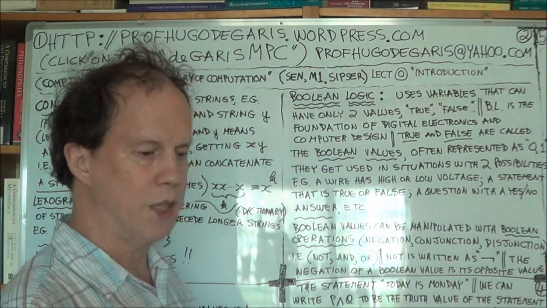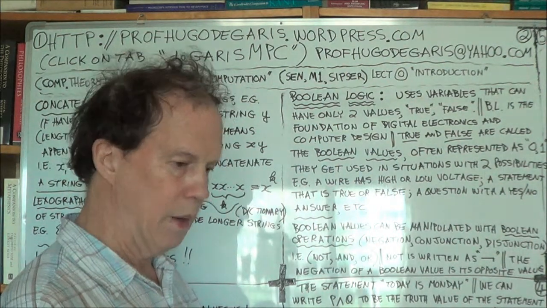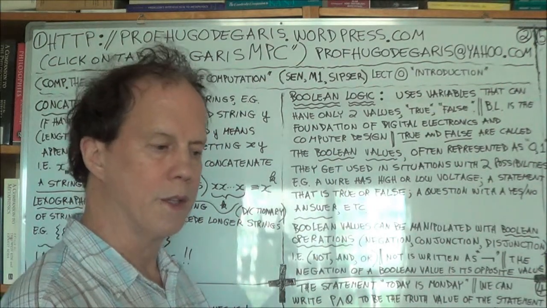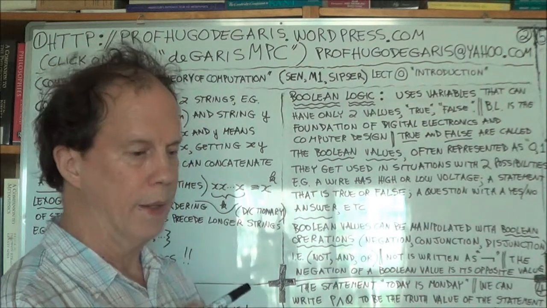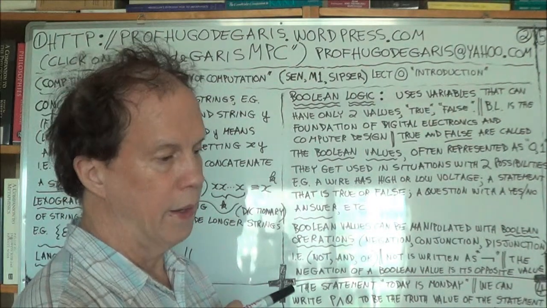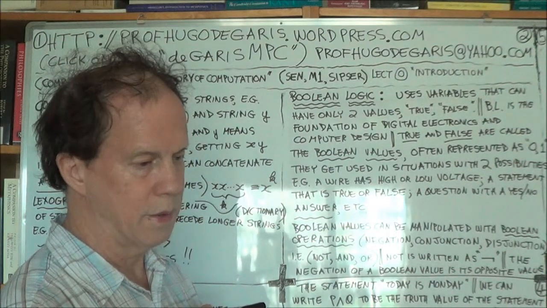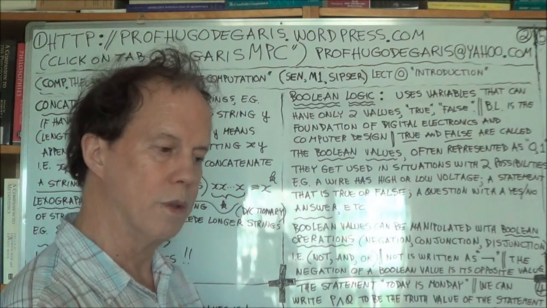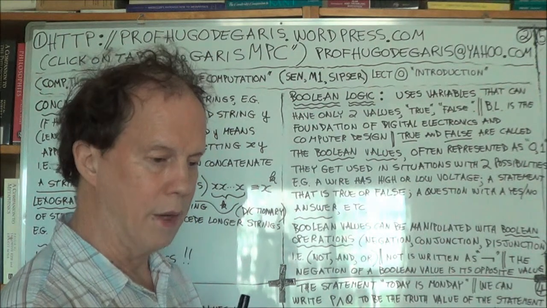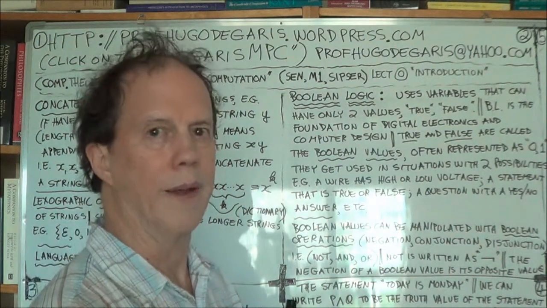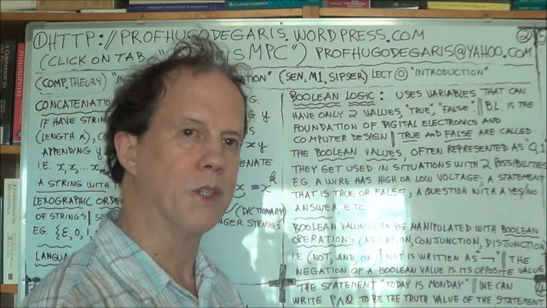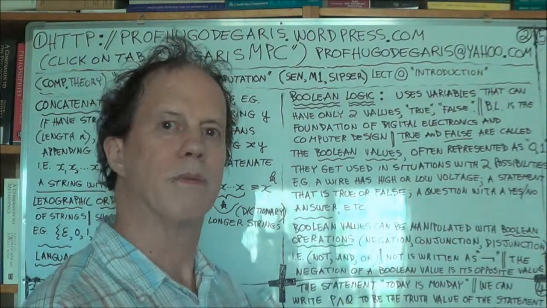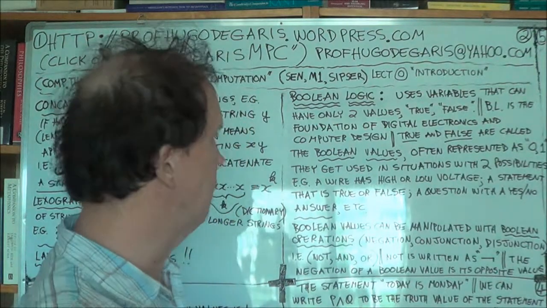Now, Boolean variables tend to get used in situations where there are only two possibilities. For example, say you're looking at a wire in a computer circuit, and you're asking, is there a high voltage or a low voltage on that wire? So you could say the high voltage corresponds to a 1, or true in the Boolean logic sense, and a low voltage could correspond to 0 or false.